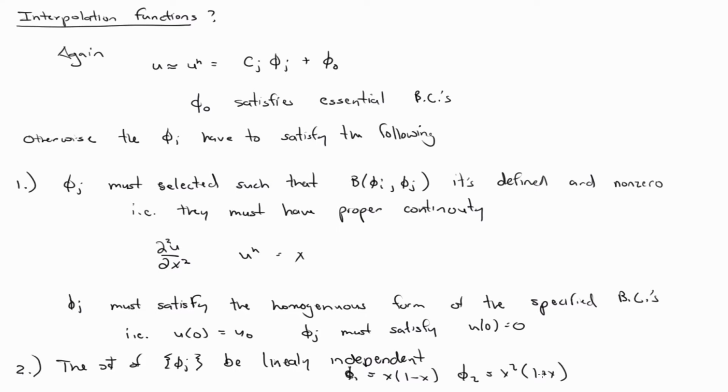Those are clearly linearly independent, right? There's no constant I can multiply by that to get that. So in other words, if I would have chosen phi3 to be equal to 2x squared (1 minus x), this would not be allowed, right? This is invalid.